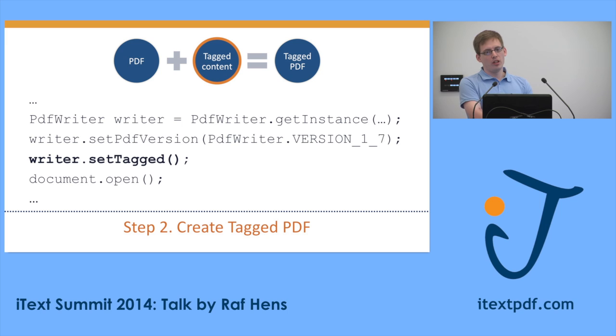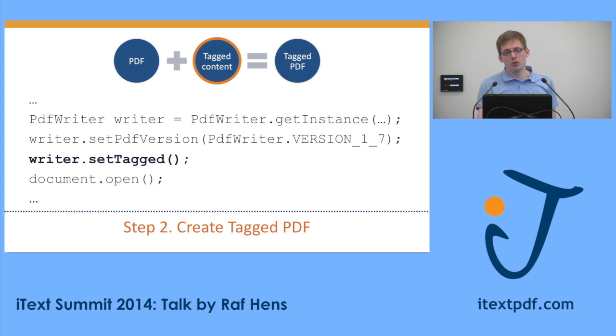You know what the logical reading order of the content is. So we have all this information, but when creating a non-tagged PDF, all this information is thrown out when creating the PDF, and we just add the visual stuff. So if we add this one line, we collect all that information and write it out as tagged PDF.